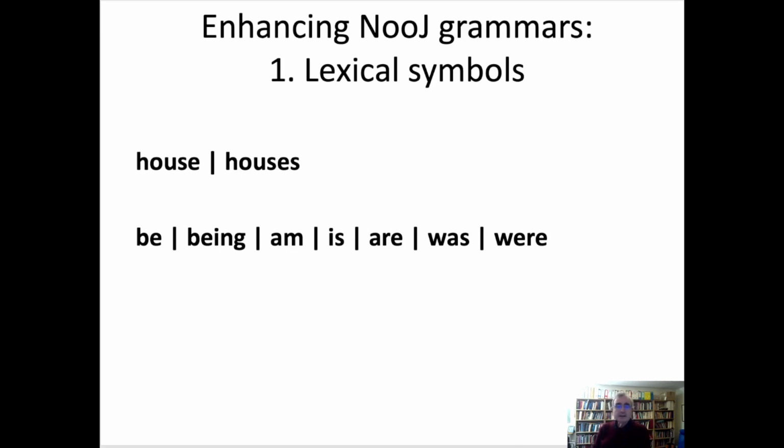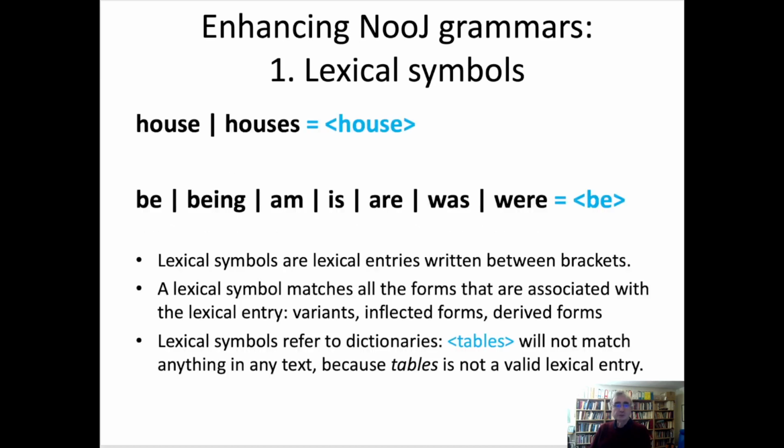Now NooJ can look inside this folder to find some information about, for example, the vocabulary and how to inflect words. So what you have in NooJ linguistic resources is a possibility to use what we call lexical symbols.